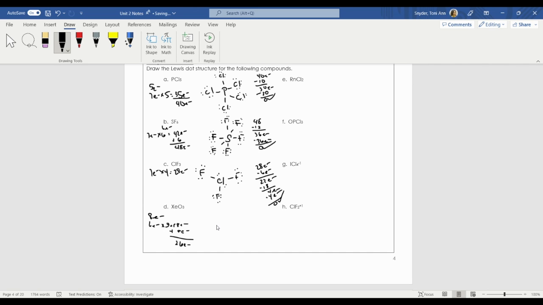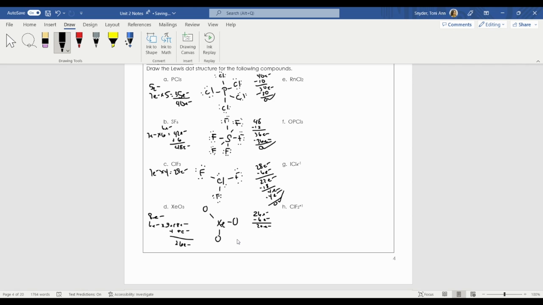So least electronegative, we're going to put xenon in the middle. And let's tack on our oxygens. 1, 2, 3. So I have 26 electrons to place, and 3 bonds means I have 6 electrons. That gives me 20 left.